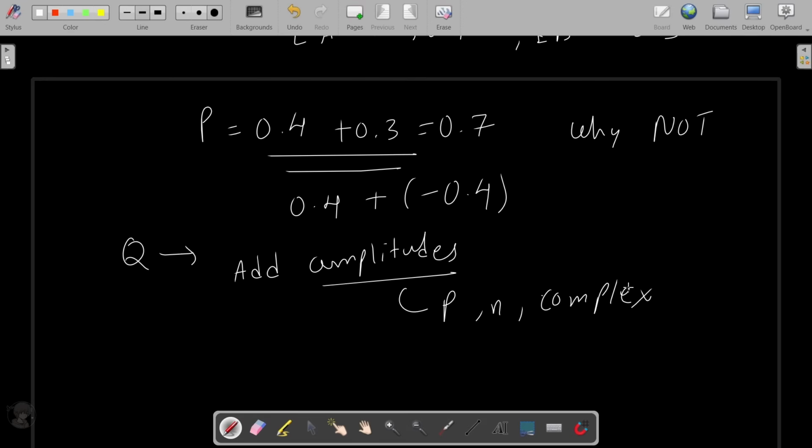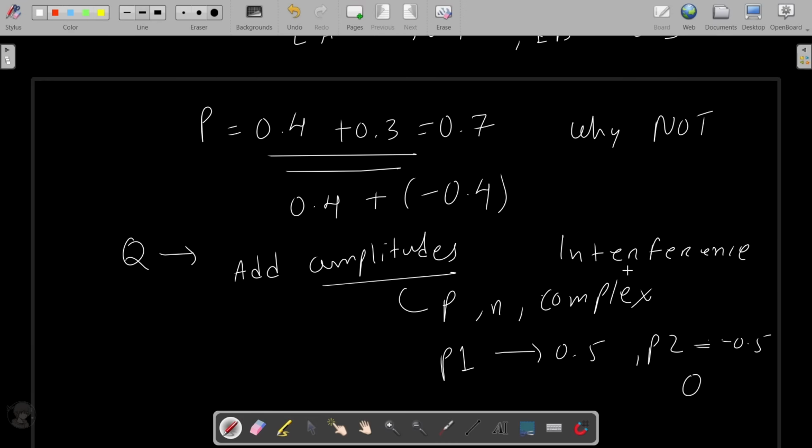Just like the example I showed above, path 1 amplitude is 0.5, and path 2 amplitude is minus 0.5, and after we add this, it would be 0, and the square becomes 0, so probability becomes 0. The outcome disappears completely, and that is interference. This interference is the core power behind quantum algorithms.